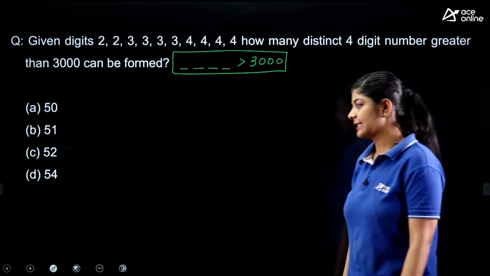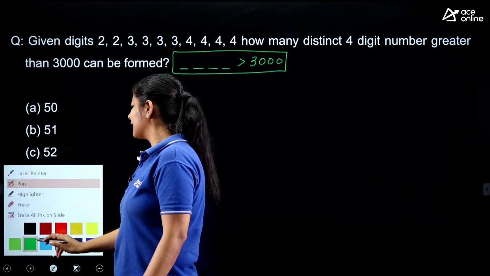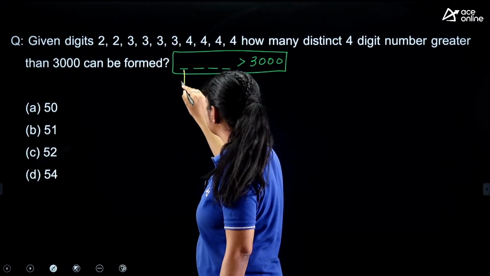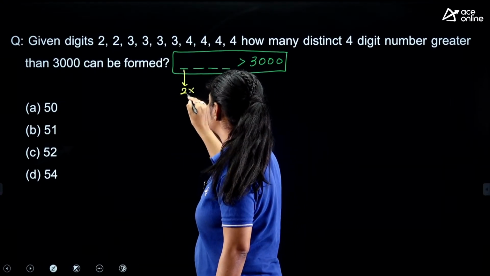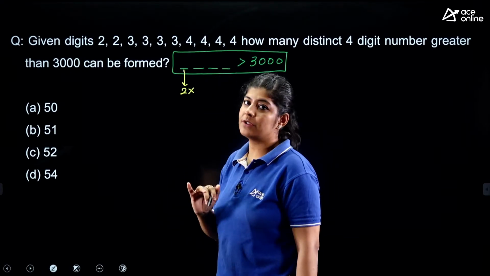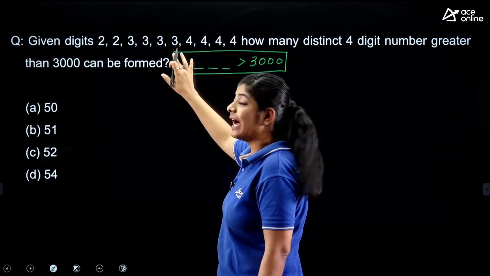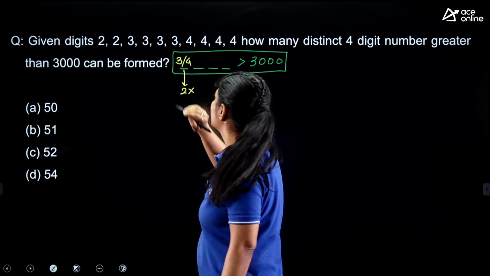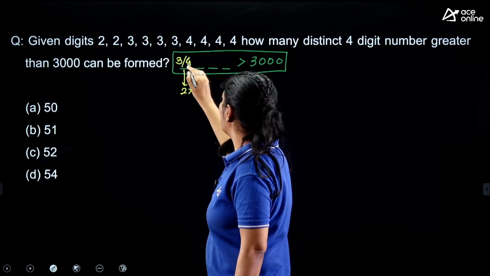Okay, let's start discussing this. As I need to make a number which is greater than 3000, I know that over this place I can't place 2, right? So the only possible values that I can put at the 1000 place are either 3 or 4.